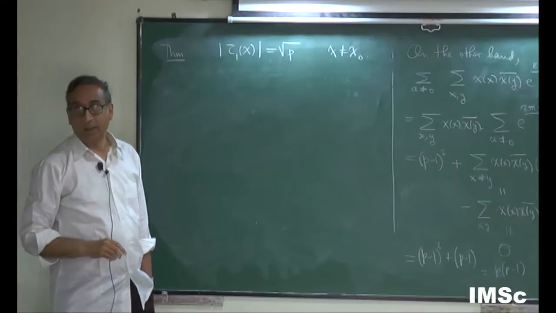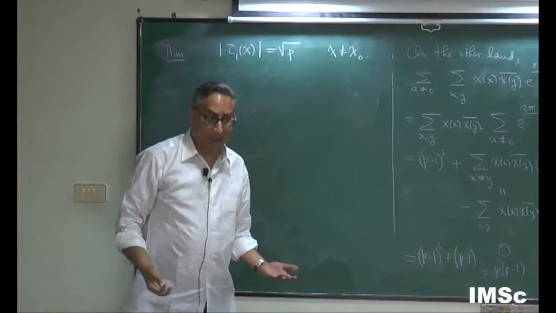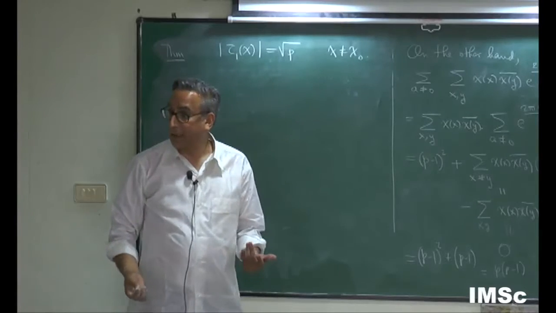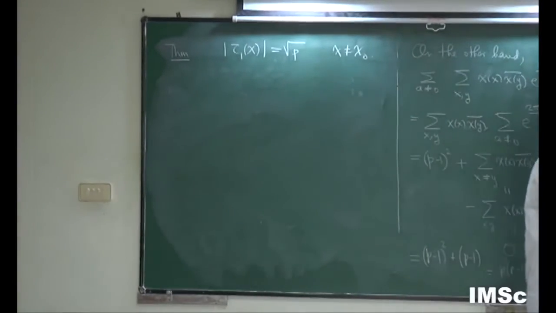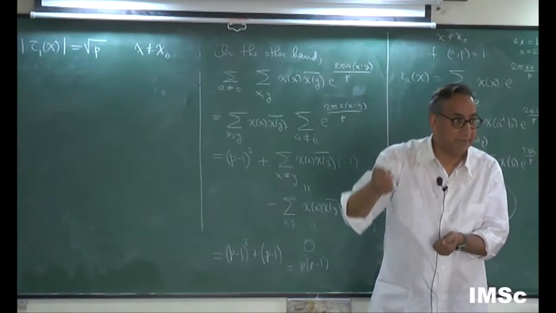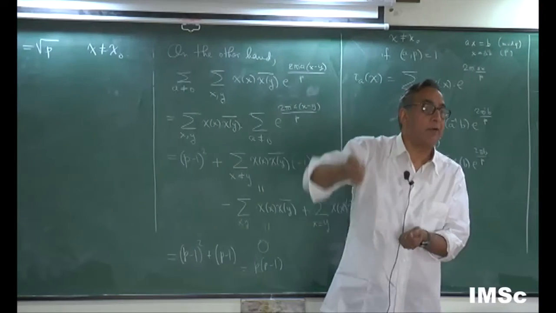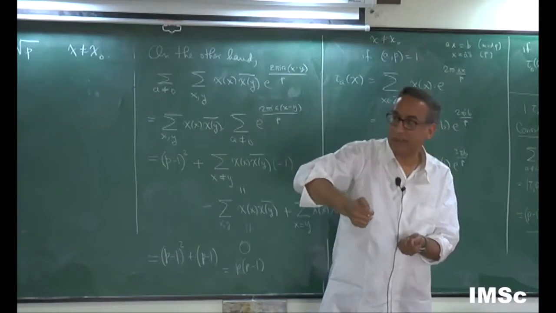Okay? So that tells me something about these numbers. But now the next question is, they're sitting on a circle of radius root P. So the question is, how are they sitting there? And now the question of equidistribution comes into the picture, right?